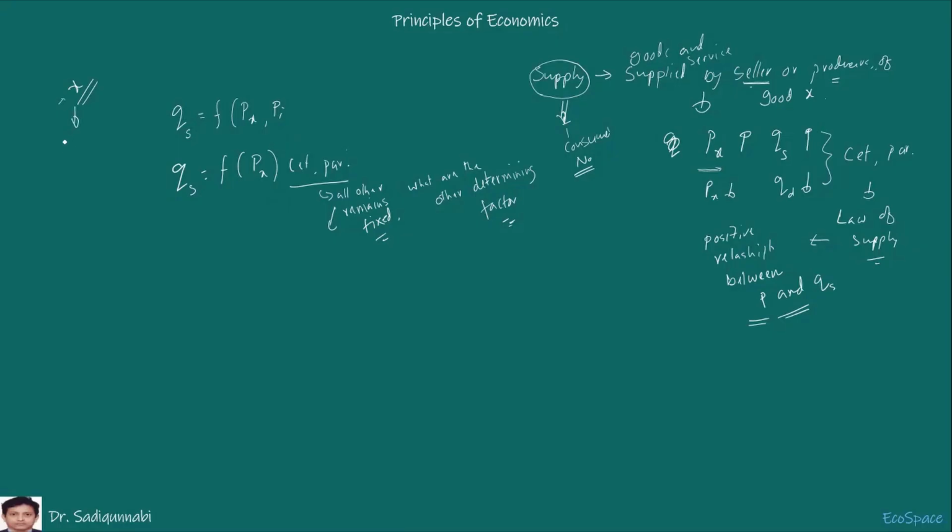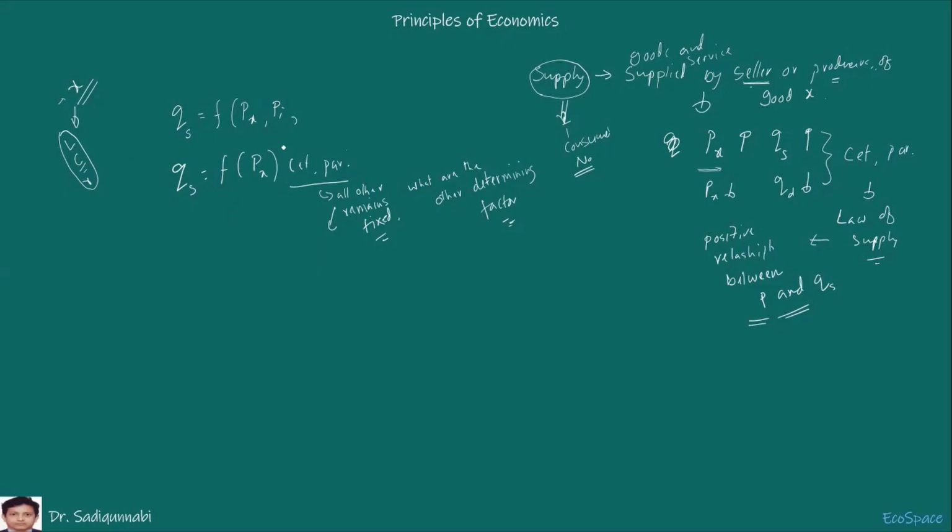They need labor, they need capital, they need other things, raw materials, etc. These are called inputs. So price of input is a factor that determines supply: if price of input increases, then supply of good X also decreases. Okay, so price of input could be one determinant.